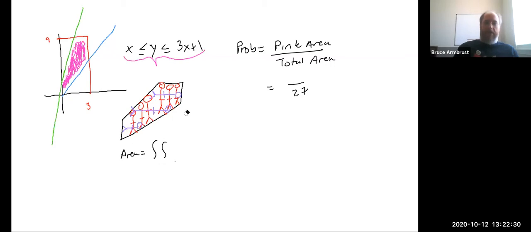His feet are just on y equals x. So let me come back and do that again. So y equals x, head was on 3x plus 1. So that's the first integral. And then the second integral, his feet are still on y equals x, but now his head was up on y equals 9.